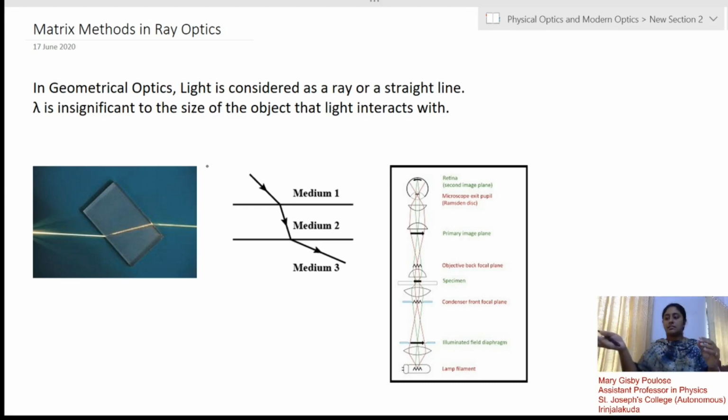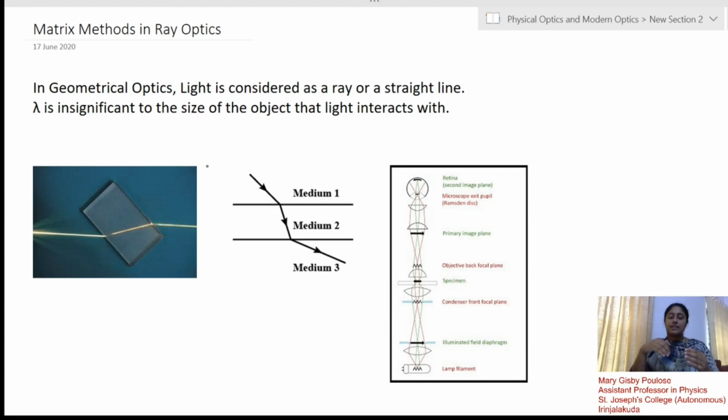But the surface upon which the light reflects or refracts, or the distance through which light translates, is in our dimension, that is in centimeters or meters. So the scale is very large compared to the wavelength of light. Hence, in this case, we can consider the ray or straight line nature of light.